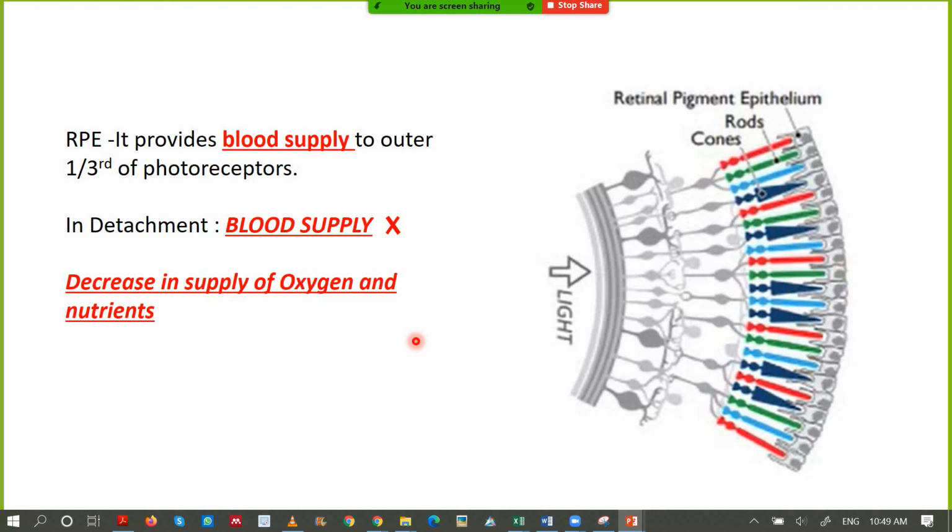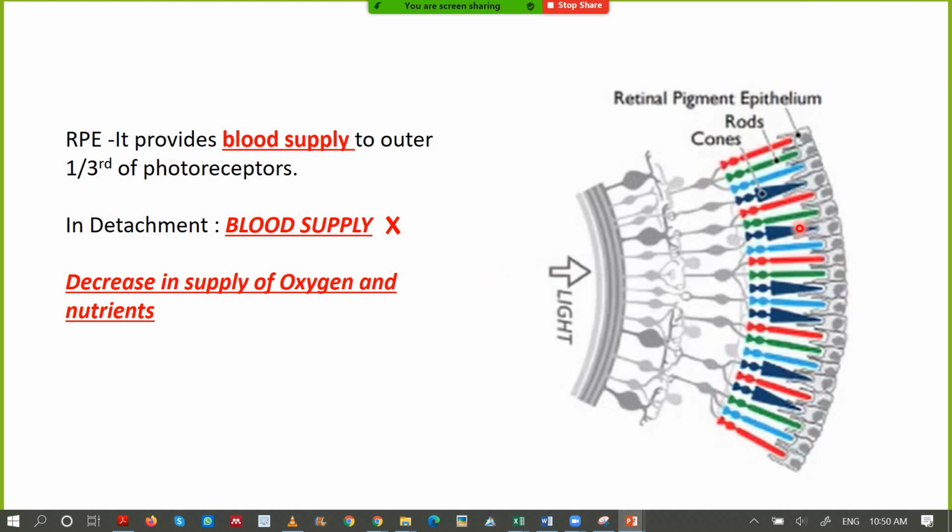This is the reason why the neurosensory retina and RPE are supposed to be attached, because all the supplements are passed to the retina through the RPE. We should know that the RPE is the nursing cell of the retina. That is the reason why they should be intact for a better supply of oxygen and nutrition.